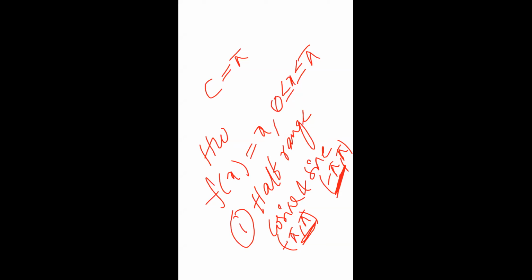Why can 0 to pi not be used to write the half range series? In full range, we have to write half range. It is only possible in an even or odd function, not possible in 0 to pi. In an even or odd function, the limits must be from negative to positive, like minus pi to pi, minus 2 to 2.